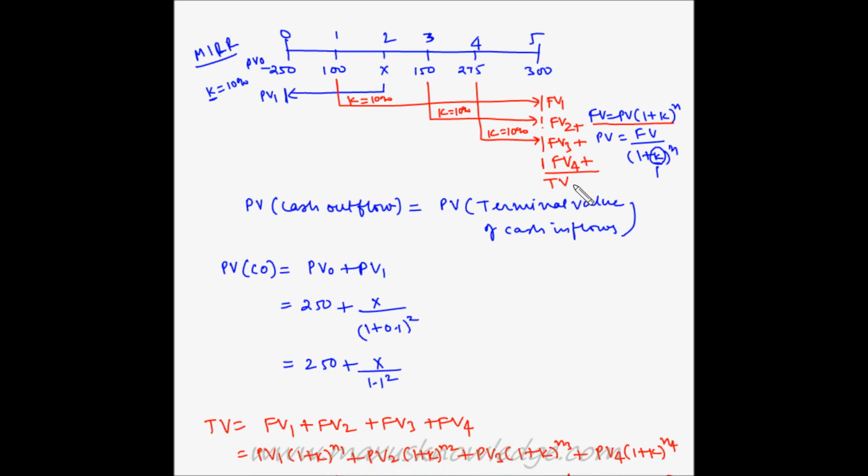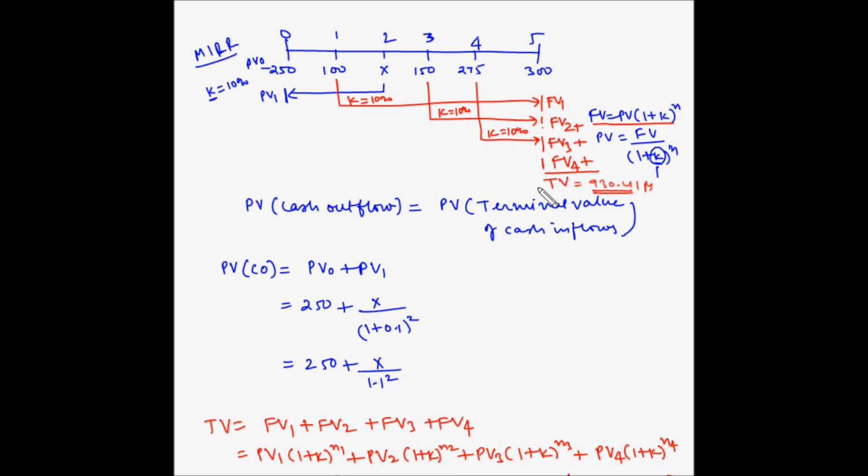So basically we found out the terminal value, which is 930.41 rupees. We have also found out the present value of the cash outflows, which is 250 plus x divided by 1.1 square.